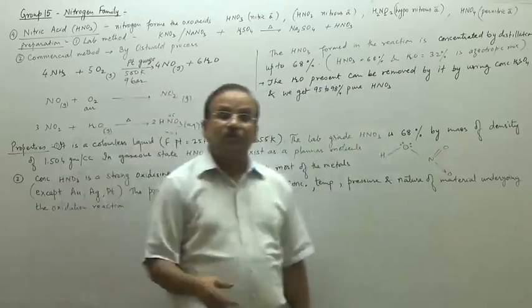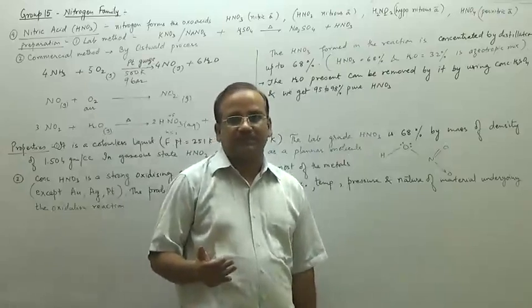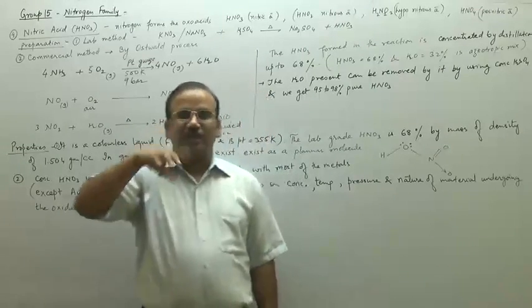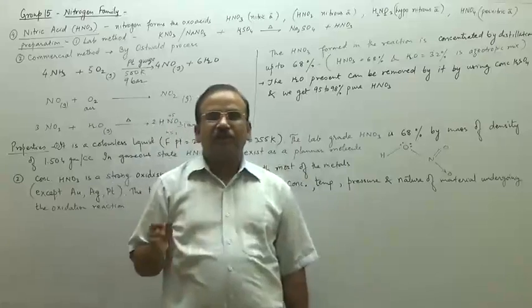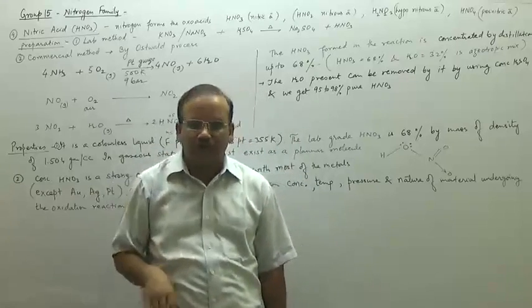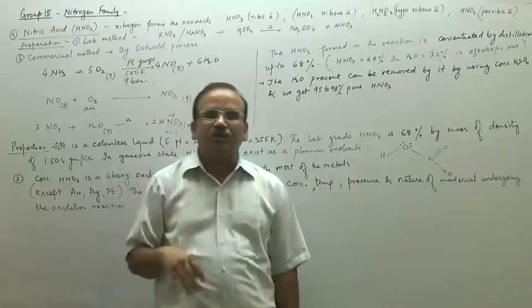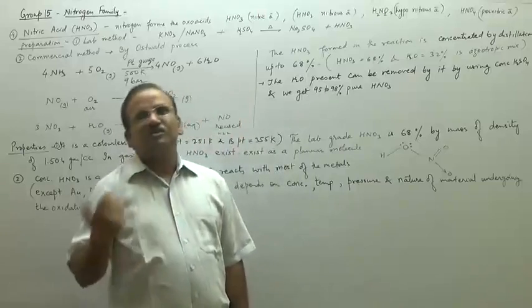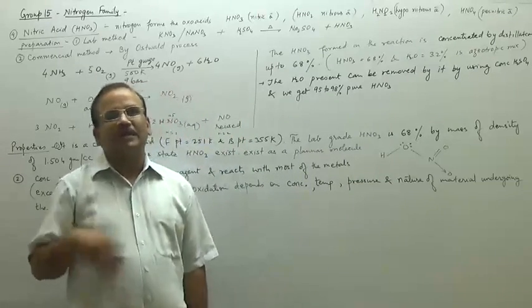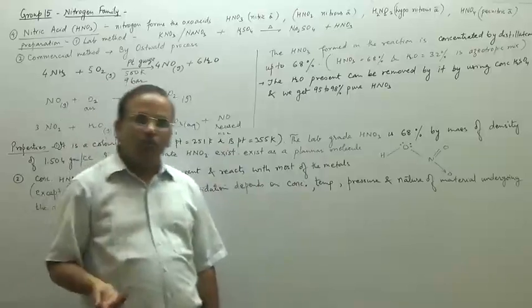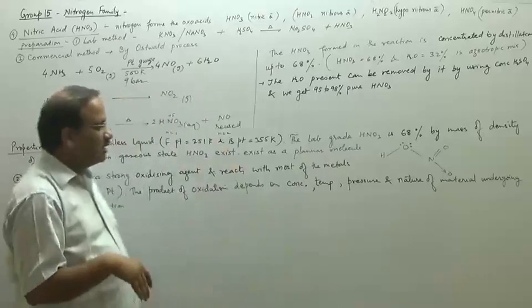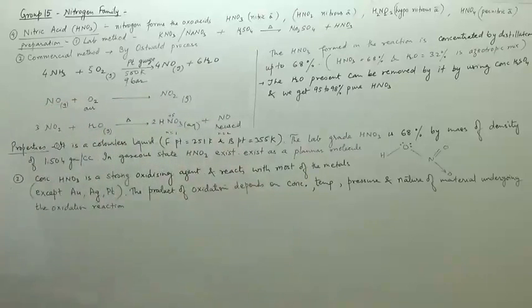But in case of dilute, it gives nitrogen oxide. In case of concentrated it always forms NO2 gas. In case of dilute it forms NO. But in some cases it also forms ammonium nitrate or N2O. So what are the cases? Let us check that part. How can we predict the product of the reactions in those cases.